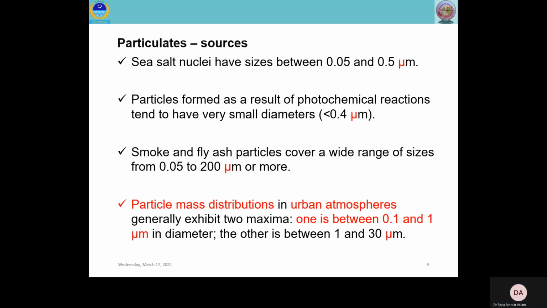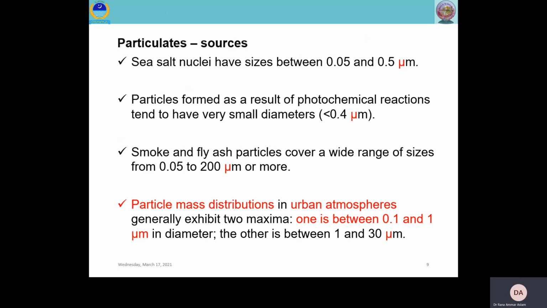Particulate matter from sea salt has a general size that varies between 0.05 to 0.5 micrometer. If the particulate matter is formed as a result of photochemical reactions, so these are the secondary particulate matter, their size gets even smaller, less than 0.4 micrometer.